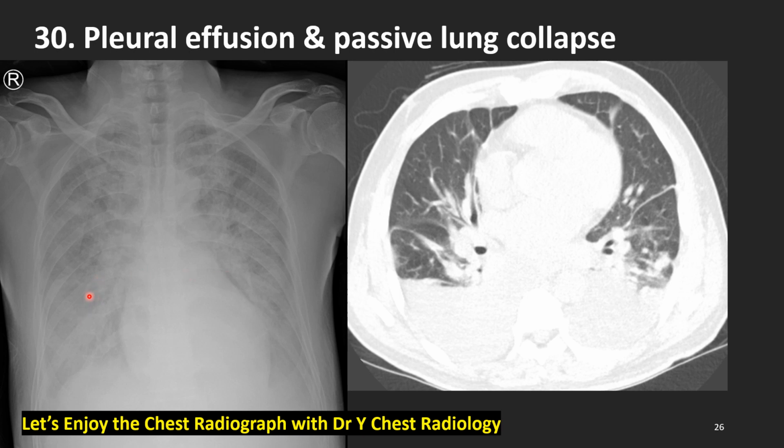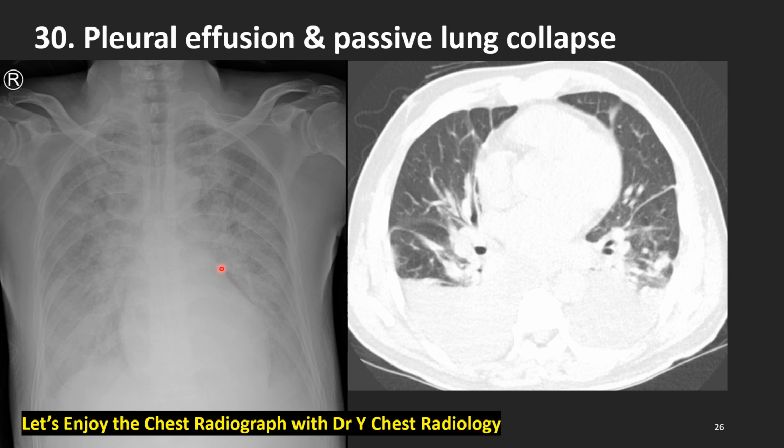And look at the pulmonary vessels here and here and here and here. So, although the density is very extensive and severe here, most of the density is from pleural effusion, not from lung parenchymal consolidation. That's why the heart border is so important in AP supine view.